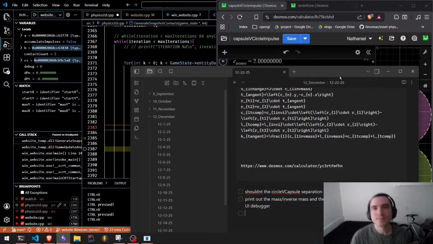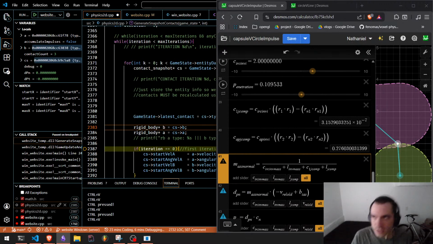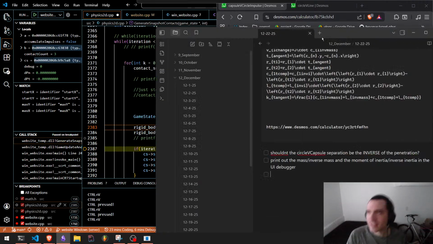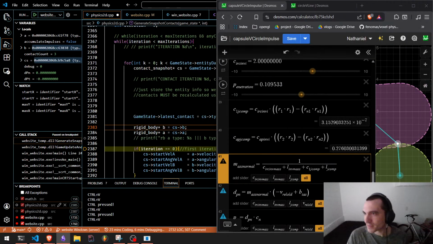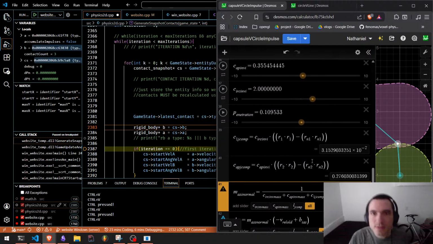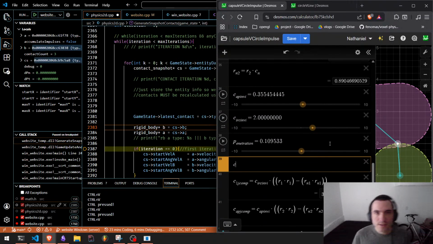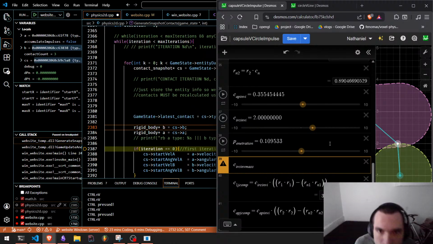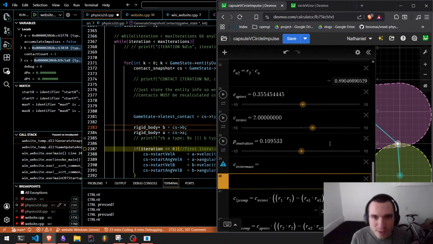Okay. Just showing you the process, like I move it over into this other window, just to get it out of the way. I only have one monitor I can share with you. Call this the capsule inverse mass. Cap inv mass.